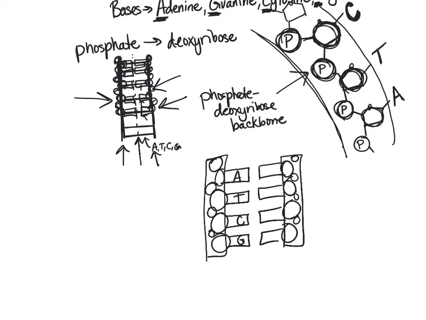And they always are going to bond with the same letters, the same nitrogenous bases. What that means is that our G at the bottom here is always going to hydrogen bond with the C. So it will always be a G and a C. And then here, of course, our C is going to bond with a G. It will always be a C and a G. Here, with our thymine, it's always going to bond with an A. And up here with our adenine is always going to bond with the T, the thymine. So we always see A and T across from each other and C and G across from each other. Our cytosine, guanine, adenine, thymine.